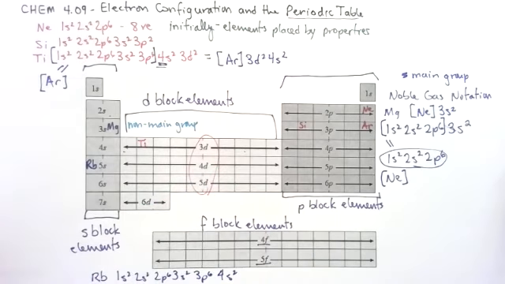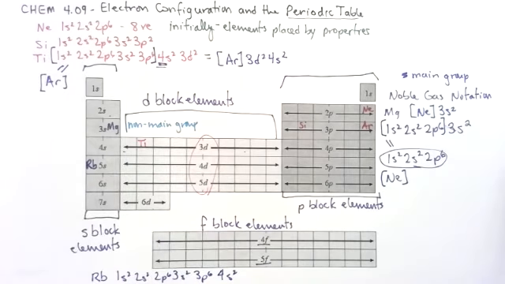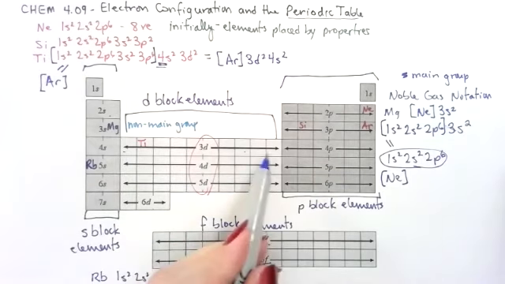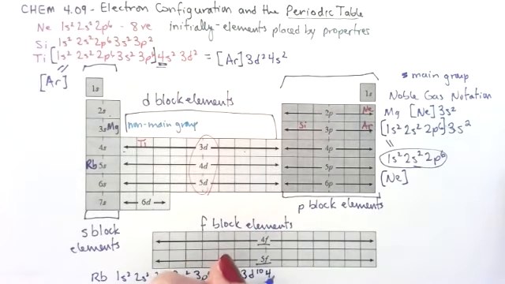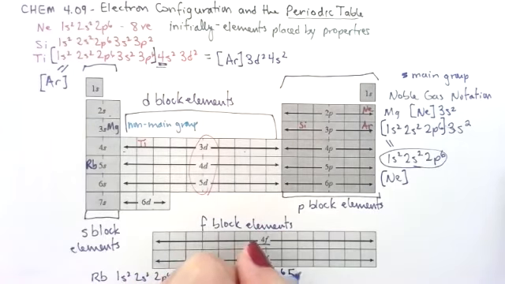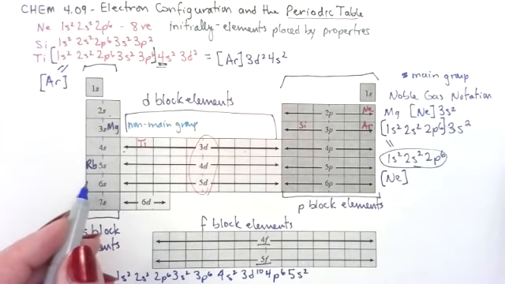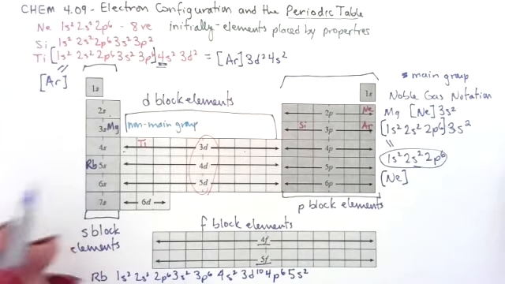And we know we have 5 d orbitals. Each orbital can hold 2 electrons. And look at that, I've got 10 elements across the d block. So this is going to be 3d10. Then I go to 4p6. And then I go to 5s2. That's a really long electron configuration. Well, luckily for us, the noble gas before rubidium is krypton.